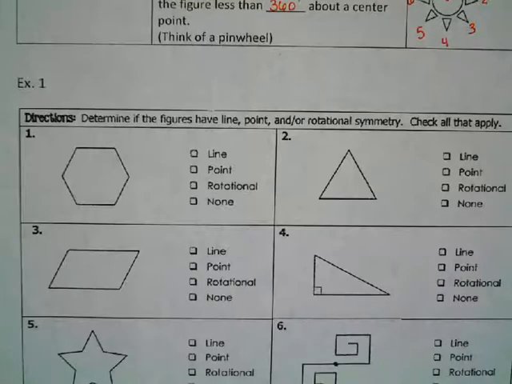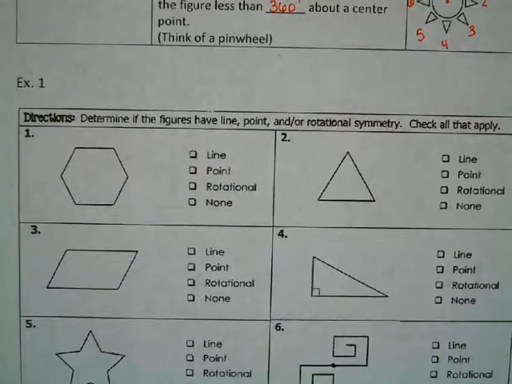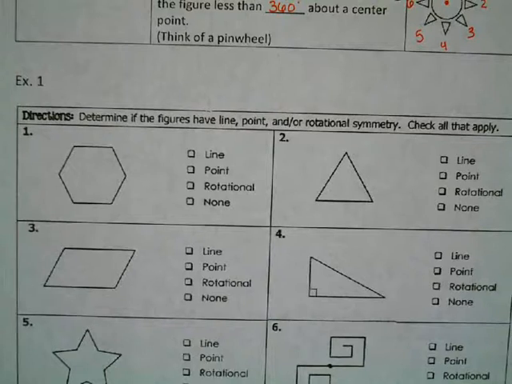So example 1, we're going to look at some pictures and check mark, do they have the following? Is it line, point, and or rotational symmetry? Check all that apply, and then we're going to try to determine how many of those they would have. So line symmetry. Could you draw a line in this picture and it fold in half and get the same picture?